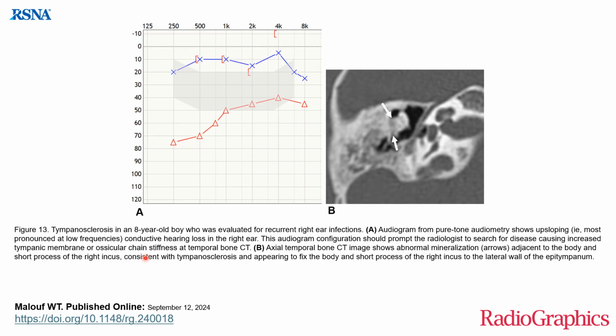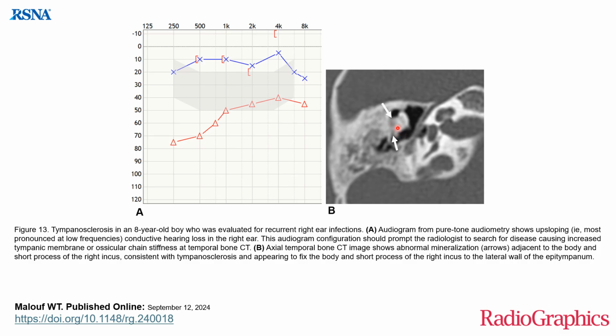Another patient, an 8-year-old boy, had a similar pattern on the audiogram, which is suggestive of conductive hearing loss in the right ear. The axial CT image demonstrates there is an abnormal mineralization adjacent to the body and short process of the right incus.